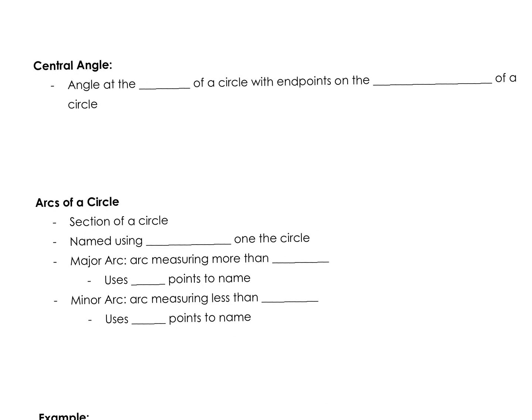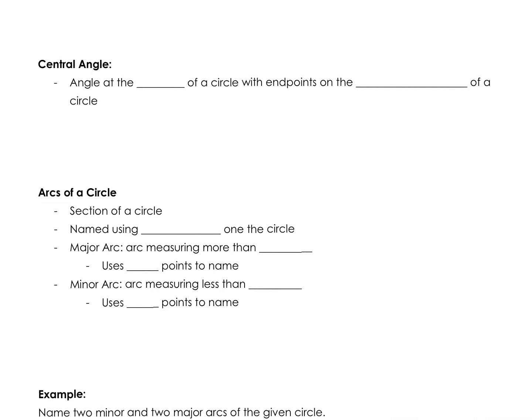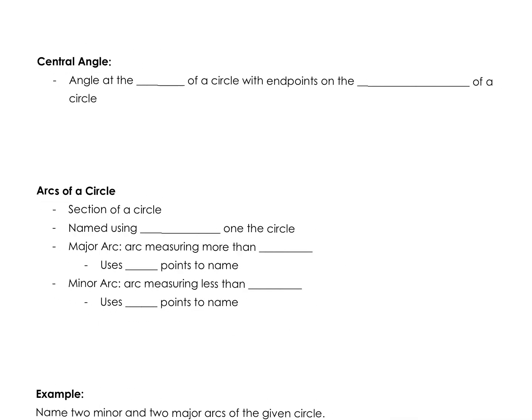Next thing we're going to talk about are the central angle and arcs of a circle. So when we're looking at a central angle, it is the angle at the center of a circle with endpoints on the circumference.